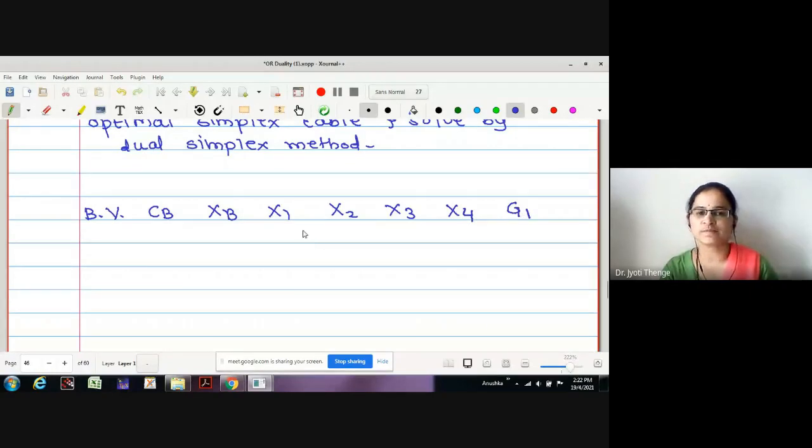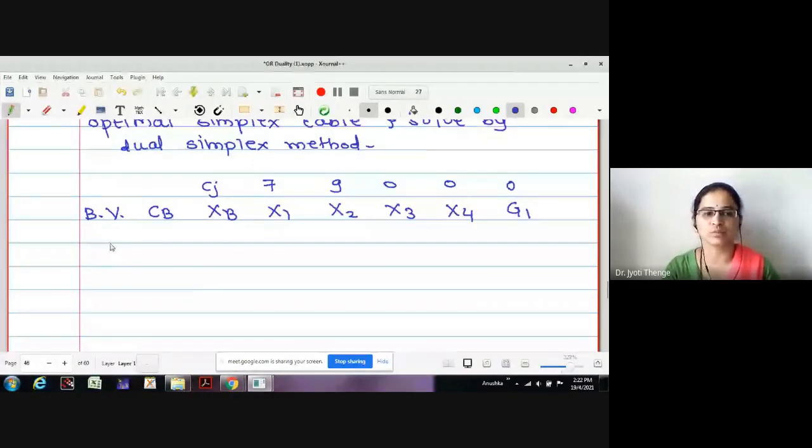I don't know whether you have observed or not: whenever we are writing the column, I am writing capital X symbols because those represent the vector X1. Therefore, for the variable G1, we will use capital G1 to denote its vector. What are the Cj entries? No change. This is 7, 9, 0, 0. For the Gomorian variable, again the cost is 0.